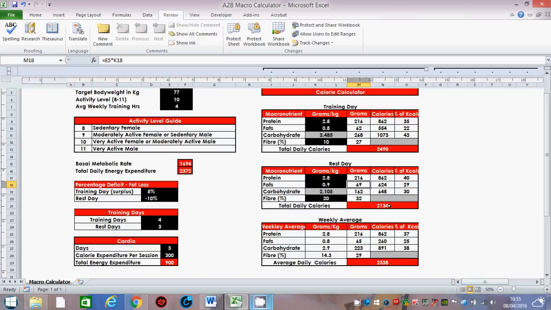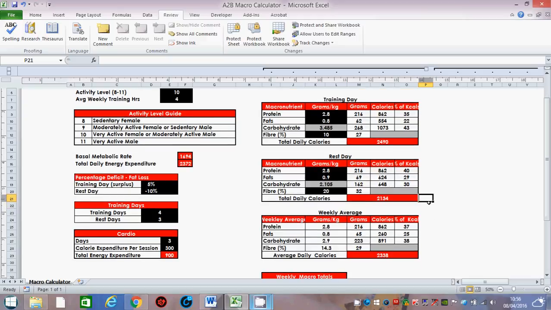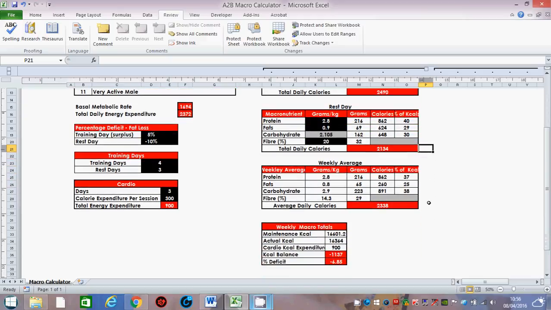And once again, that gives me total daily calories, 2,134. And for the sake of just estimating it, I would probably go for like 2,130 or something like that when I'm tracking. So that gives us a weekly average, and we can see that our average over our training and rest days over the week is 2,338, which is pretty close to that target figure we had at the start.